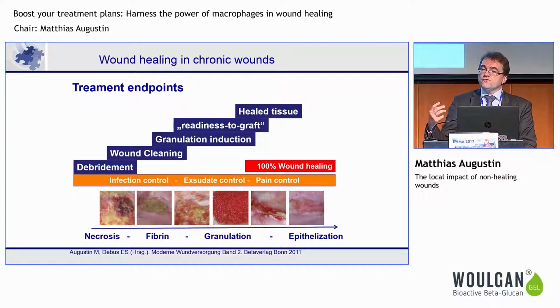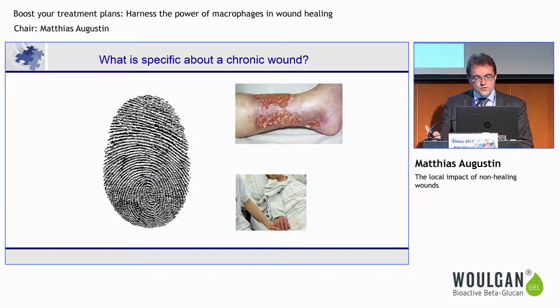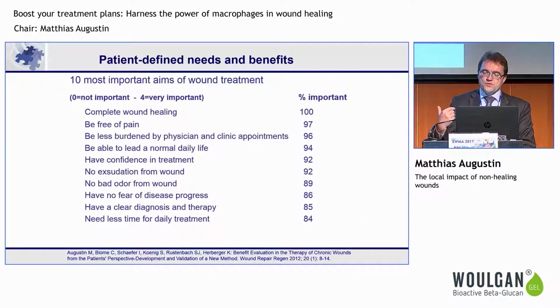So this is a lot of work that we have to do, and so there are specific needs in wound management. We need to be comprehensive, thinking largely, and we also need to include the patient in this large thinking, because in many ways wounds are very individualistic and specific, and the fingerprint of a patient can also well be reflected by the way the wound extends and how he feels with his wound condition.